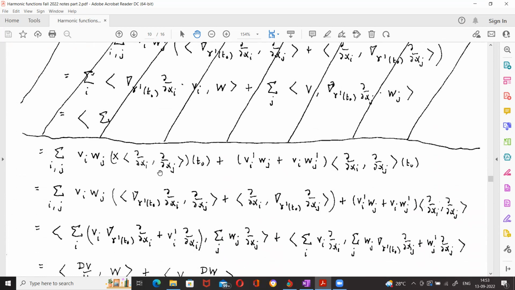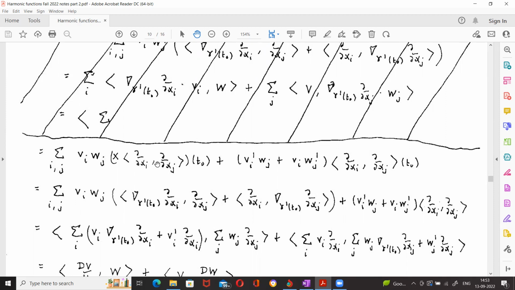Now I can use the metric compatibility of the connection. Metric compatibility says when I apply a vector field X to the inner product of a pair of vector fields Y and Z, then it becomes a sum, a sort of Leibniz rule: <∇_X Y, Z> plus <Y, ∇_X Z>.